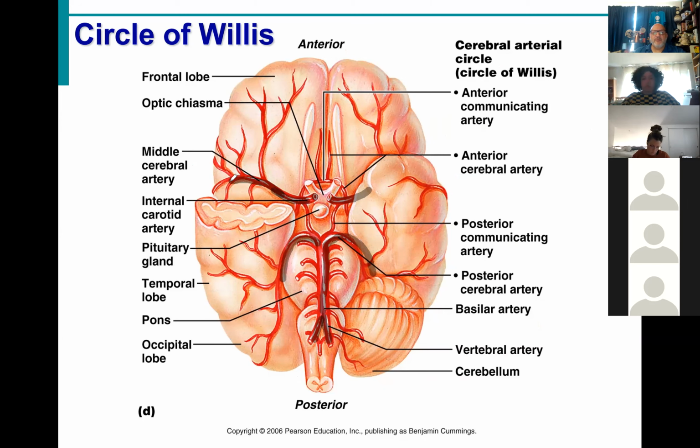But here we can see the middle cerebral artery, the anterior cerebral arteries. And then, as I mentioned, we have the anterior communicating, connecting those two anterior cerebrals, and the posterior communicating, connecting here as well, forming this circular anastomosis that good old Bob Willis was the first to describe. So it's known as the circle of Willis.